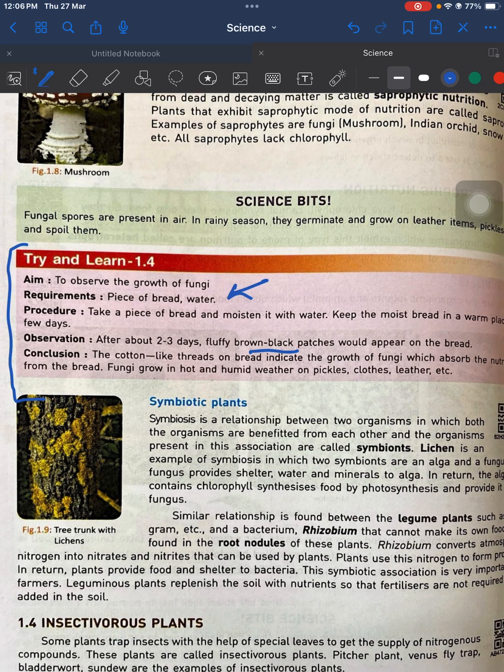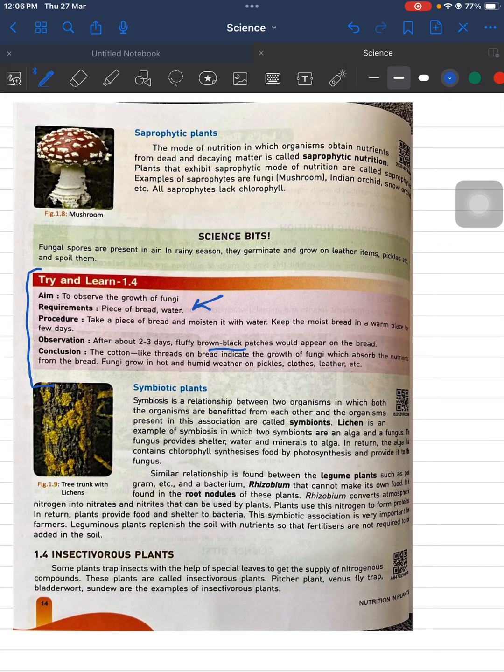This experiment provides evidence that yes, fungus is a saprophytic organism which takes its nutrition from dead matter. In this case, the dead matter is bread, and the fungus is growing on the bread after 2-3 days. So these are the four experiments.